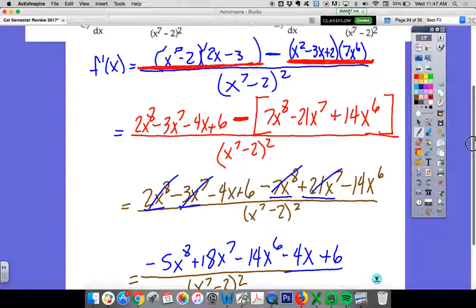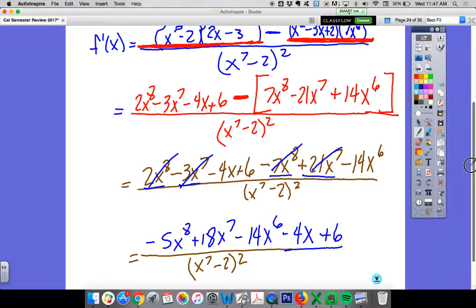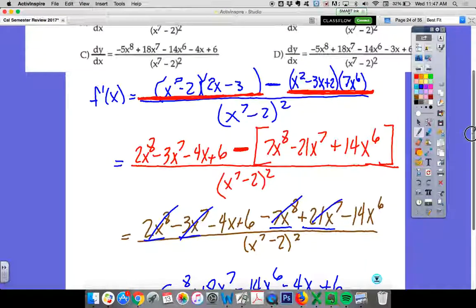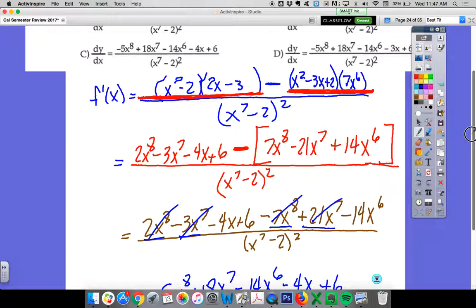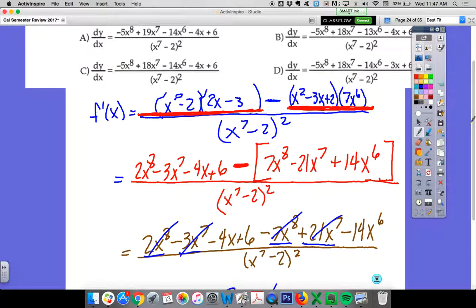Okay, I got negative, positive, negative, negative, positive. I think it's C. Is that right? Okay. Because I can't see both of them at the same time. So, I'm trying to work it. Hot mess, but, you know, you can do it.